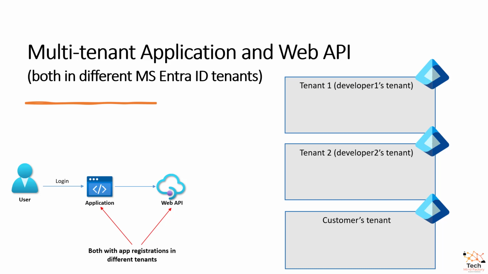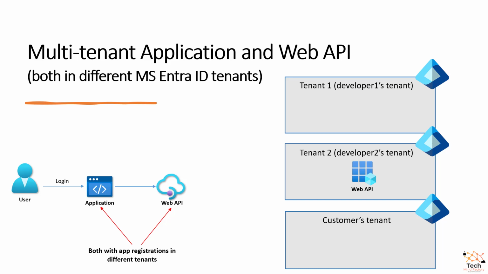Now let's talk about the scenario where we have an application that would like to call a web API on behalf of an authenticated user in the multi-tenant world. We have an app registration in tenant 2, and this is the app registration for the web API. And let's say that we also have an application that should call this web API, and this application is in tenant 1.